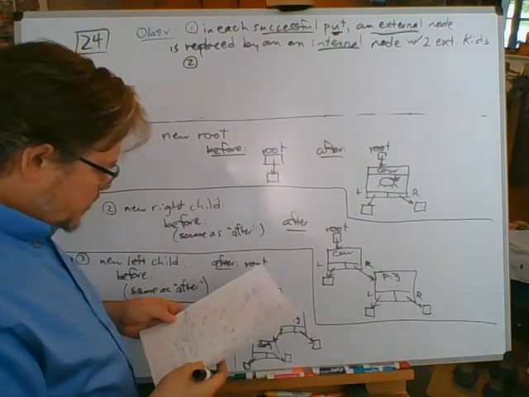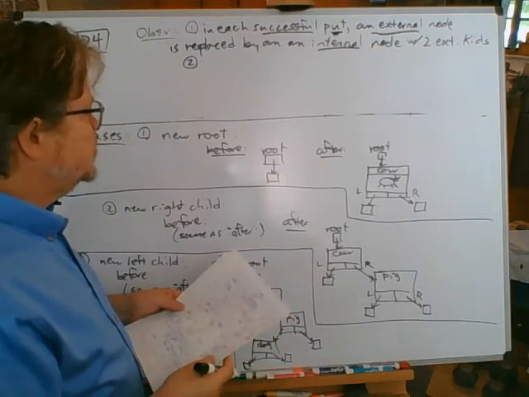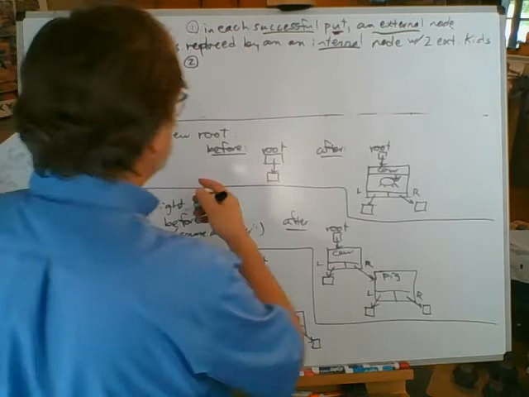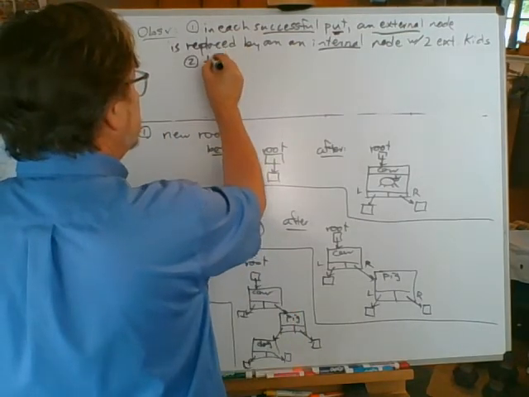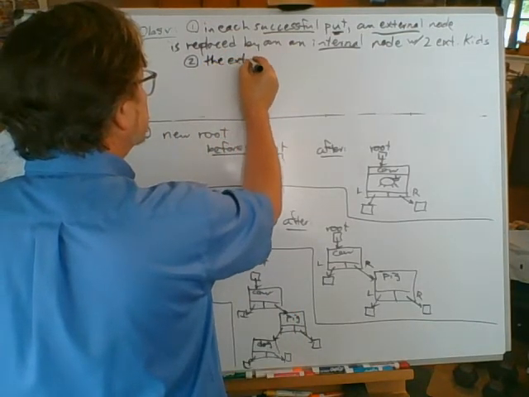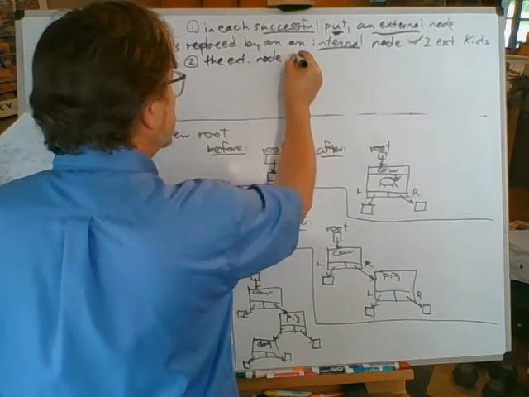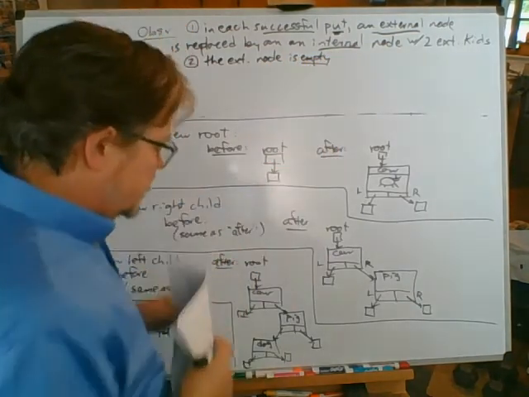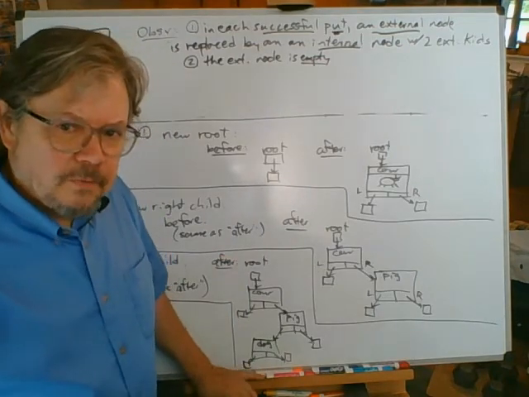Two is actually a bigger, more important observation to us. We're doing more work than we have to do. Observation number 2 is that the external node is empty, doesn't have any data in it. And that's kind of standard for this kind of application.